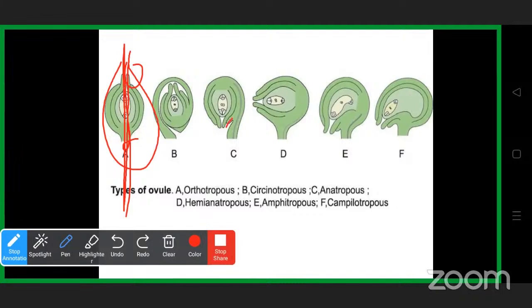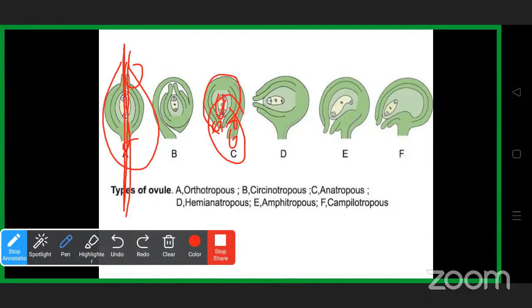Here the ovule is just curved 90 degrees. That is called an anatropous ovule. Here micropyle, funicle, hilum and embryo sac are very near, adjacent.